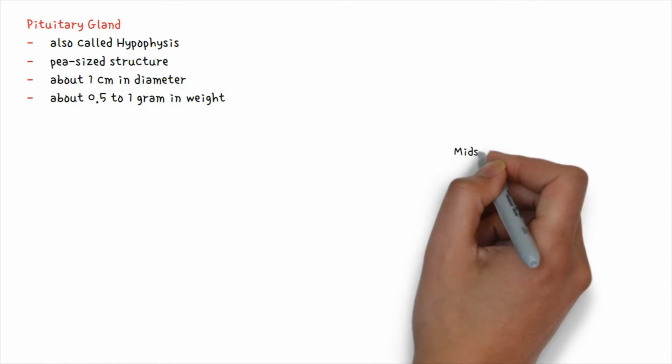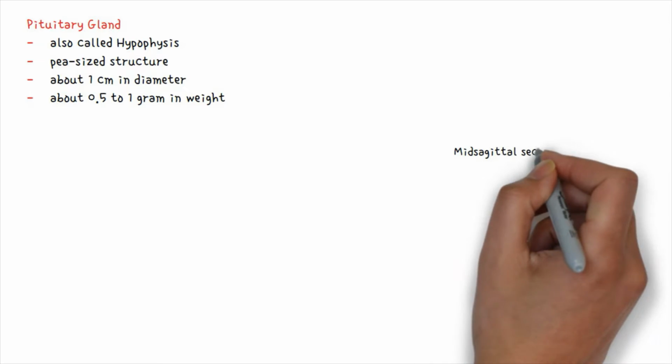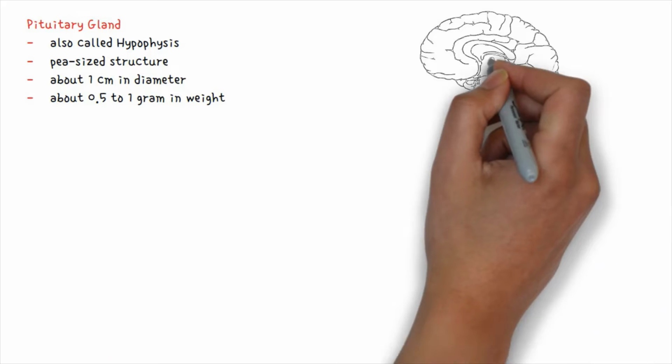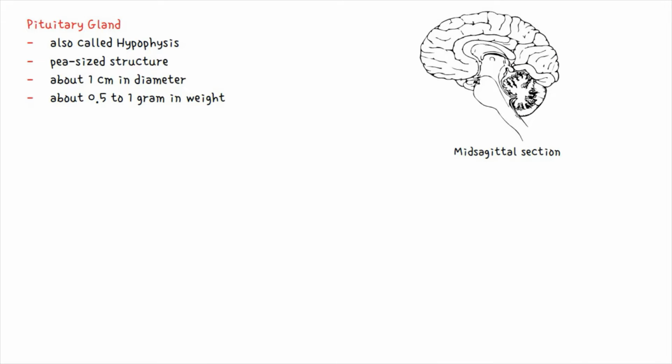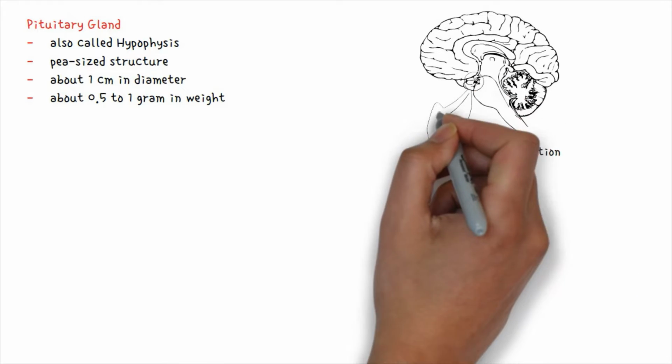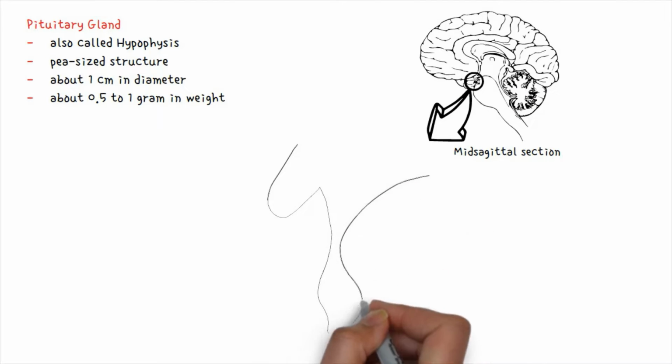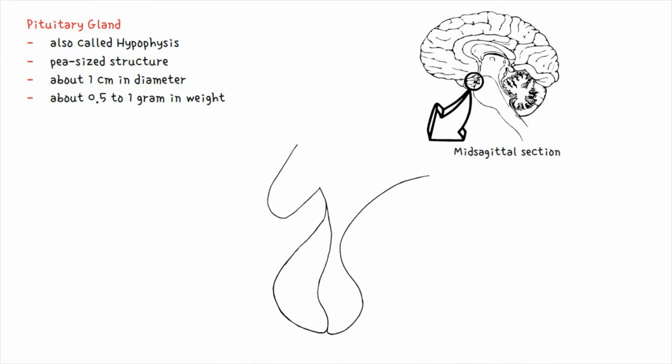And if we look at the mid-sagittal section of the brain, we see pituitary gland at the base of the brain. And if we zoom in this area, we have pituitary gland.